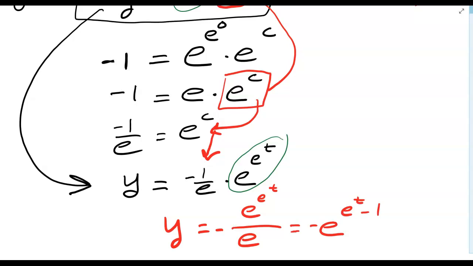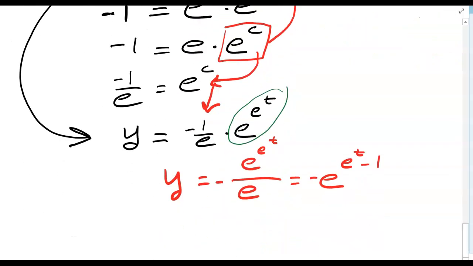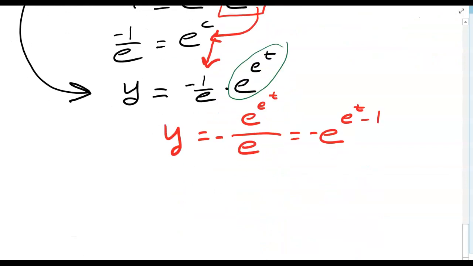You don't have to, but you could combine it into negative e to the t minus 1, just following the rules of exponents because you have e as your base. So we had our general solution, and your initial value gives you a new solution that has no c in it.